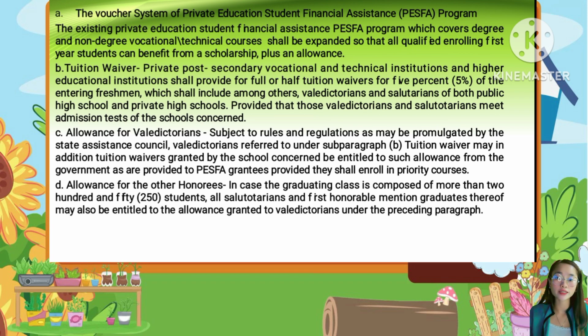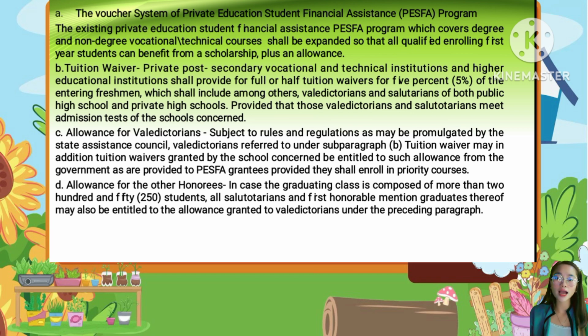Valedictorians refer to those under the subparagraph. The tuition waiver may be in addition to tuition waivers granted by the school. Those concerned shall be entitled to such allowance from the government as are provided to PESFA grantees, provided they shall enroll in priority courses.